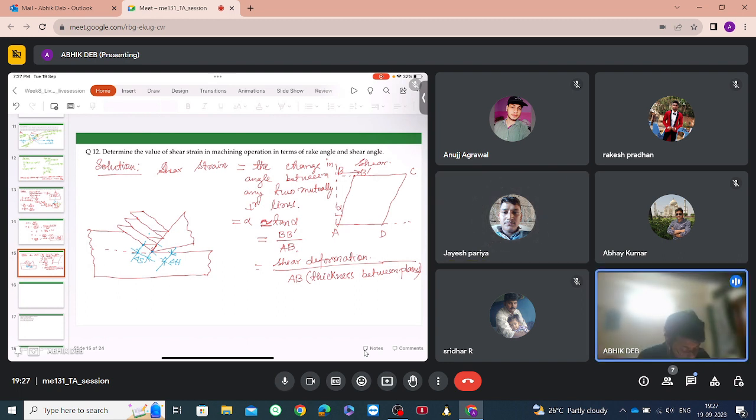Okay. So see. So the deformation starts from here. These planes are parallel like this. These are parallel planes.